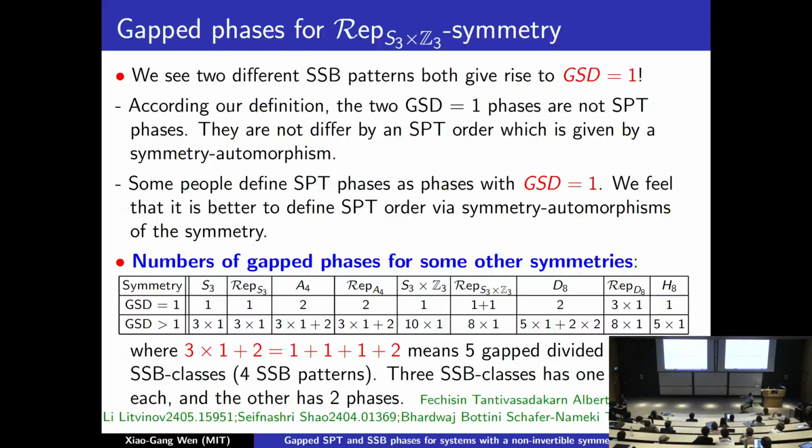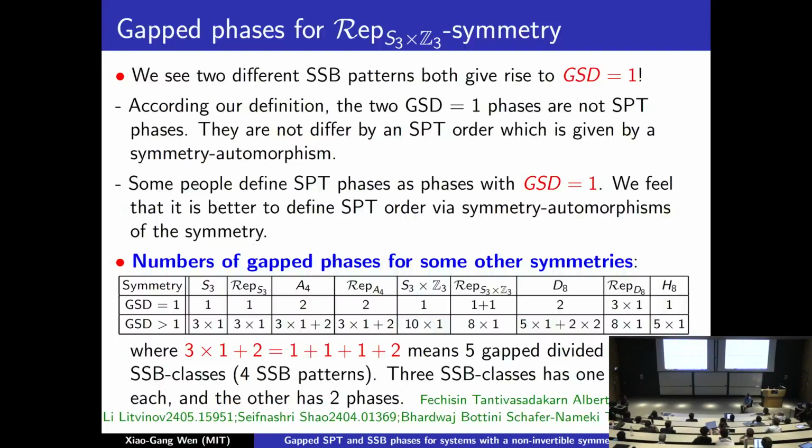I only presented the gapped story because our simple-minded calculation with the algebra is even more unreliable for gapless phases. At least for gapped phases, the condition is stronger, so it's more likely to be right. For the gapped phase, we may have a fake solution; that's a concern.